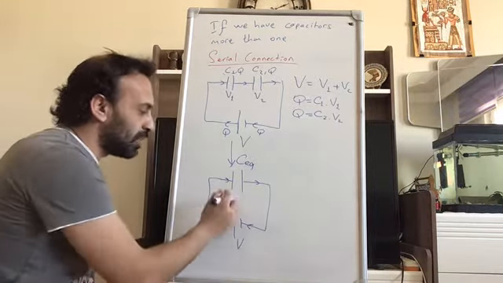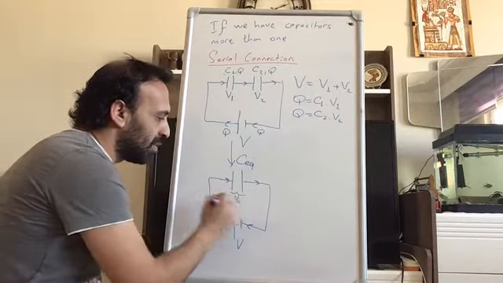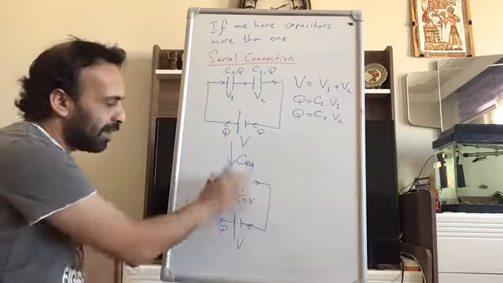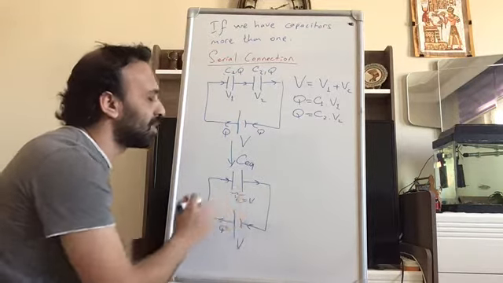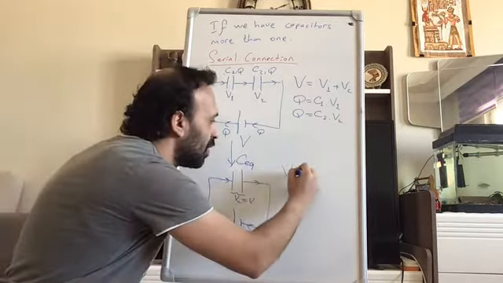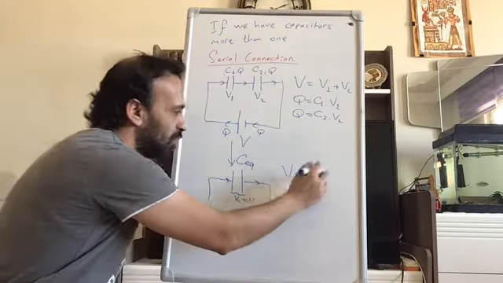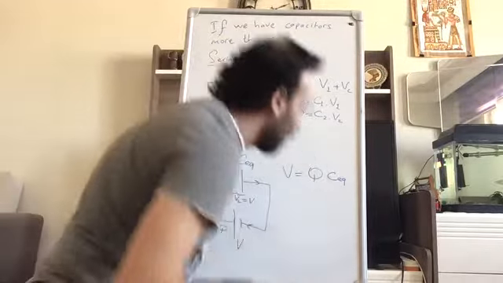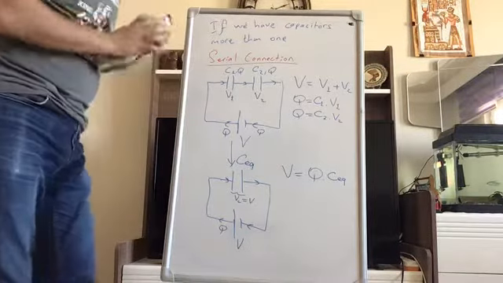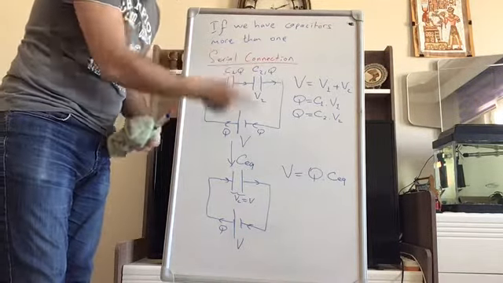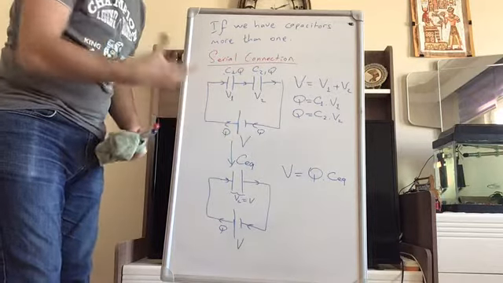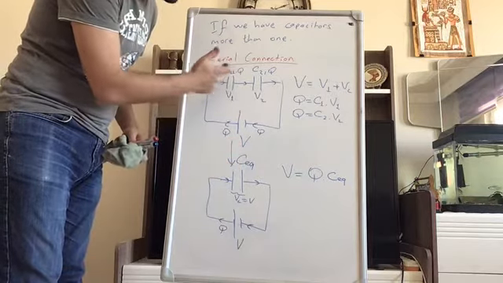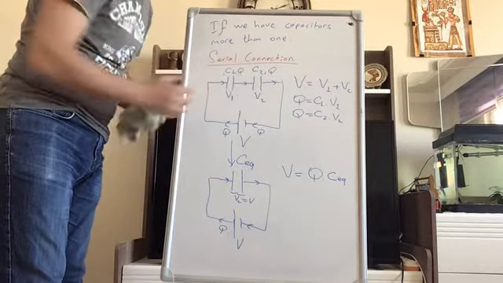When it is going to stop, remember, we see the electric potential between the plates equal to V, then the charging will stop, and from this system I can write V will be equal to the same charge Q times C equivalent. Okay, but how can I calculate it? Assume that you know what C1 and C2 are, but you don't know what C equivalent is. So how can we calculate the equivalent capacitance in terms of C1 and C2?